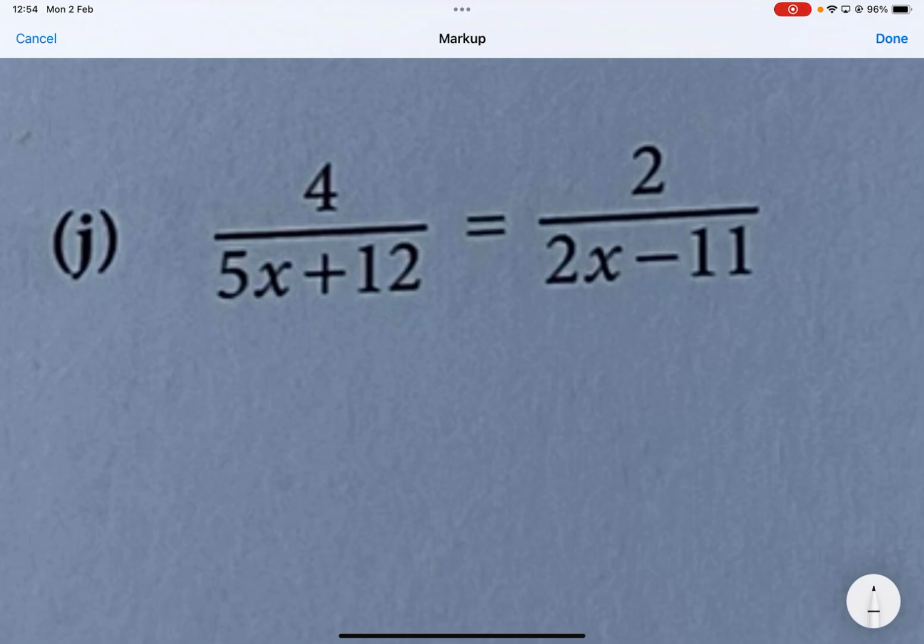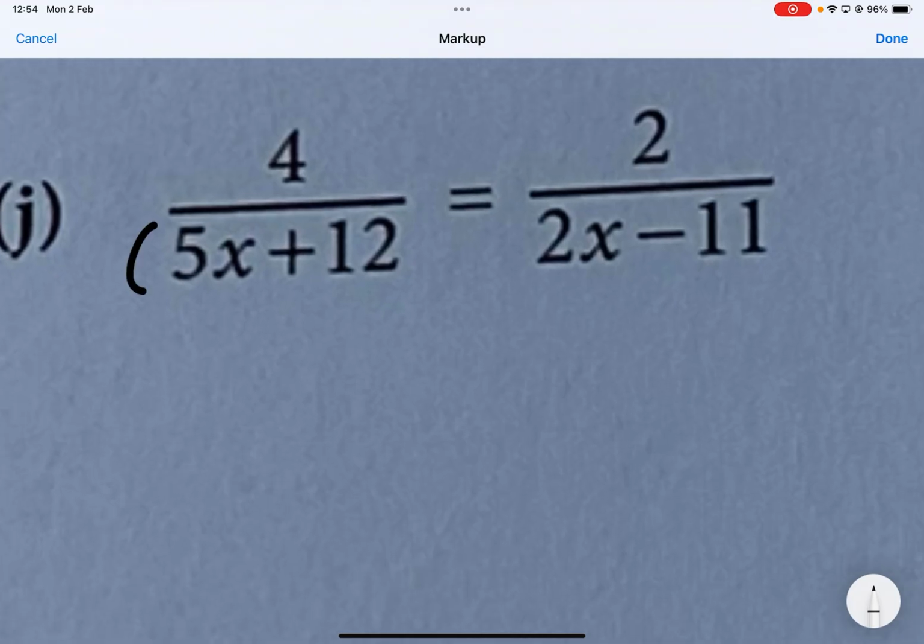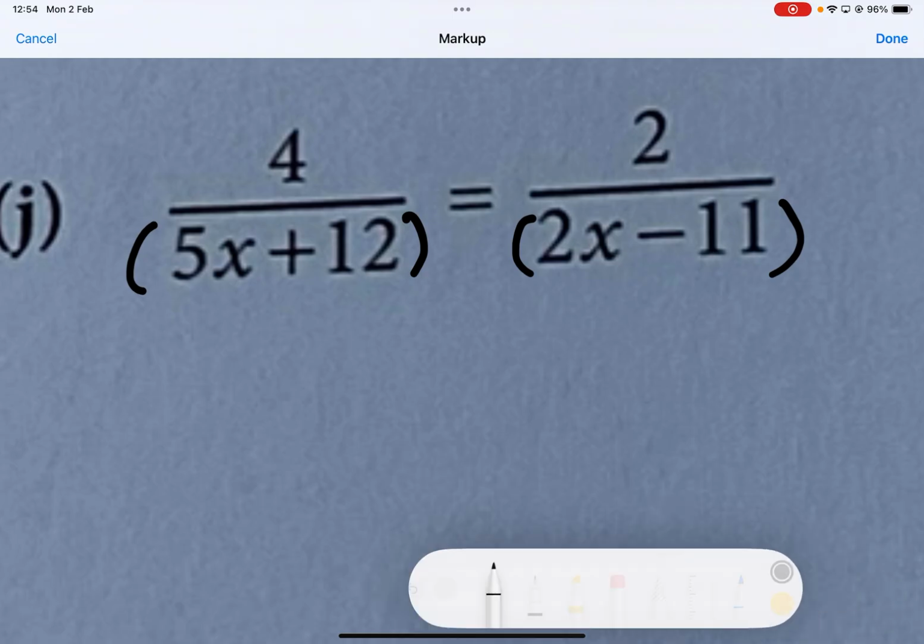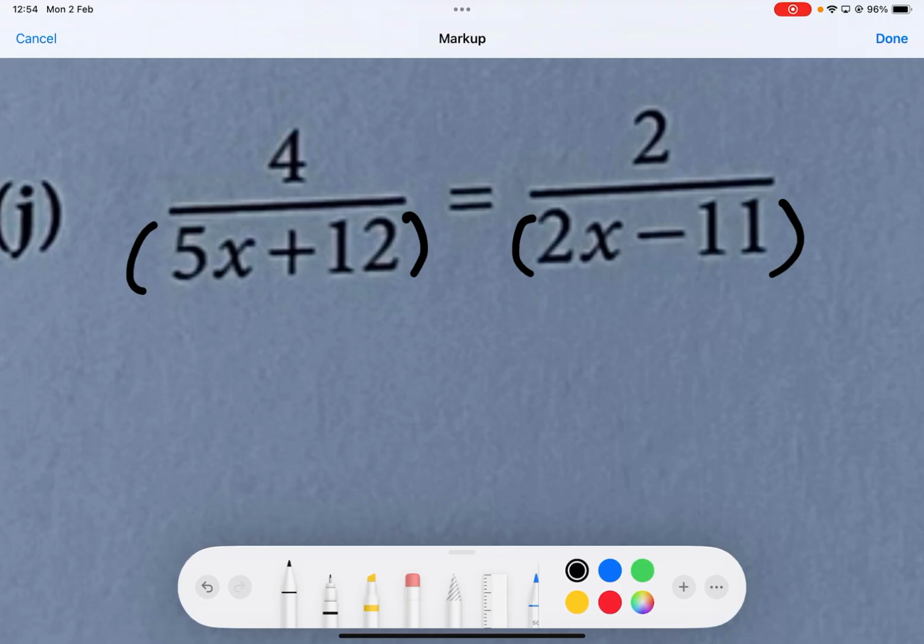Amir, what's the first thing to do? Yes. Then what is my next line of thought? Times. I don't want the denominator, so I need to multiply away the denominators. When I multiply the denominator from the left, it will end up on the right as numerator. When I multiply the denominator on the right, it will end up as numerator on the left.